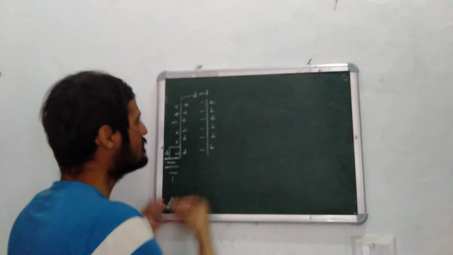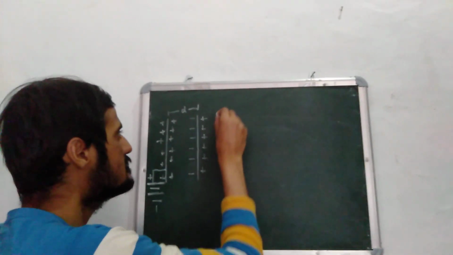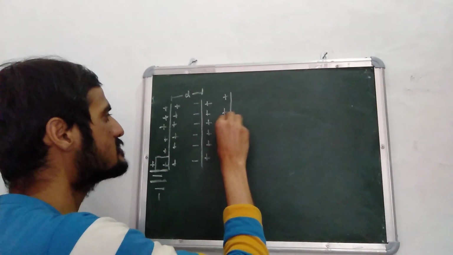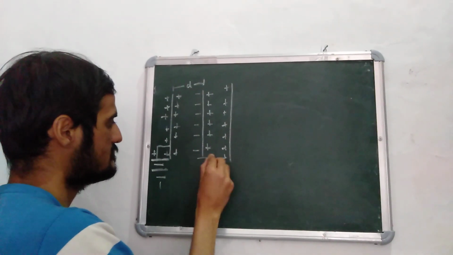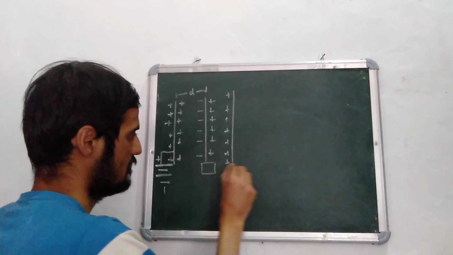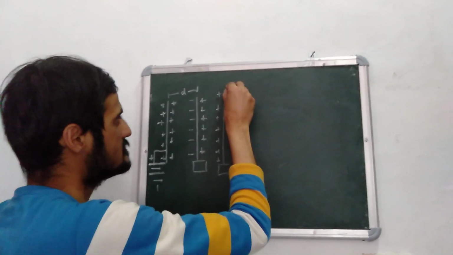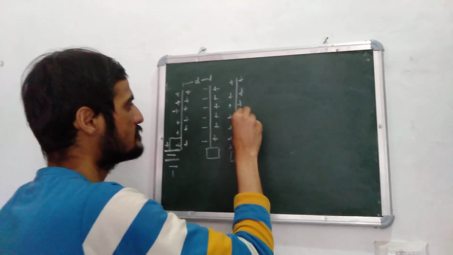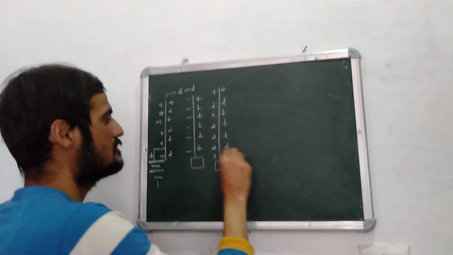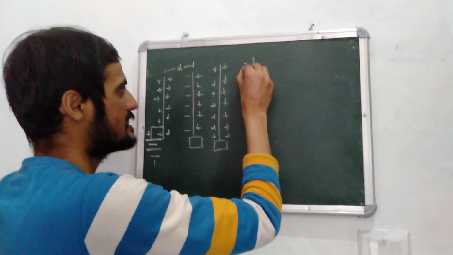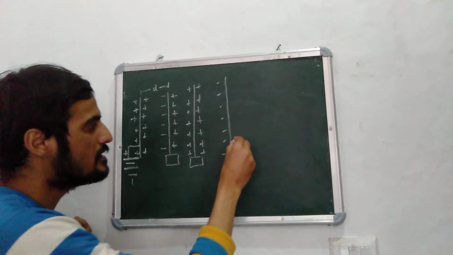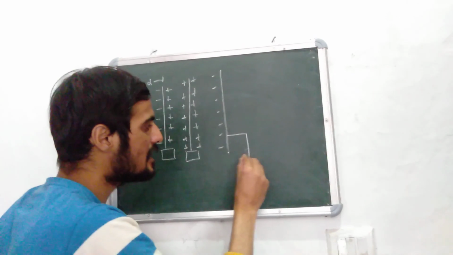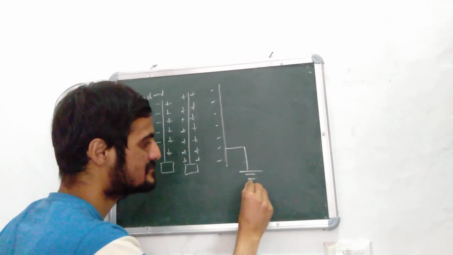Now what will happen? We consider another plate nearby. This is positive, this is positive, and this is negative. In that case, there is an earthing of positive charges.